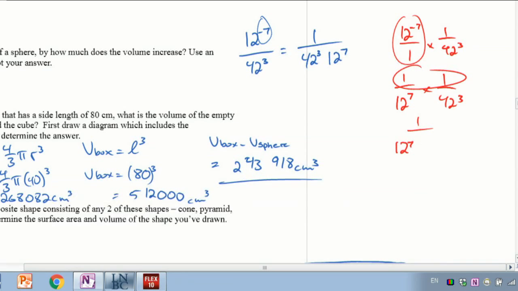So 12 to the 7 times 42 to the 3, something like that. That's how we flip it. So we only need to flip the thing that's getting the negative exponent. So in this case, it's just the 12 to the exponent 7. We don't have to flip the whole thing because this 42 to the power of 3 on the bottom has a positive exponent.